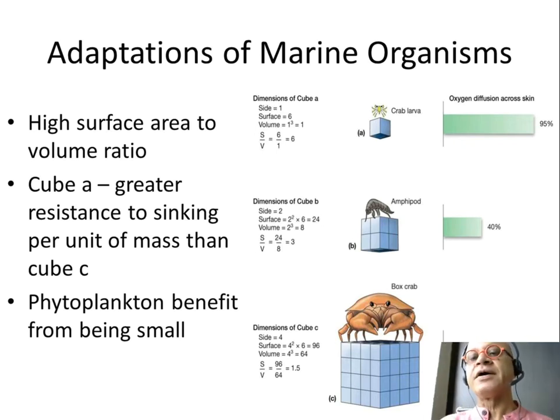Let's assume it's a crab larvae that has a cubic shape of side 1. The surface area then is obviously 6 times this. It's six times each side, 6 squares, right? And volume is related to the side cubed, so it's 1. So surface area is 6 and volume is 1.